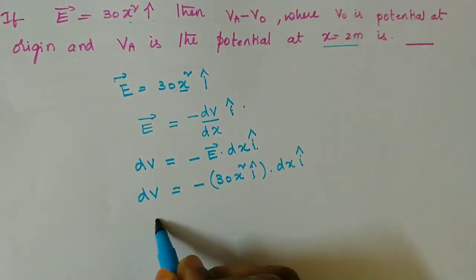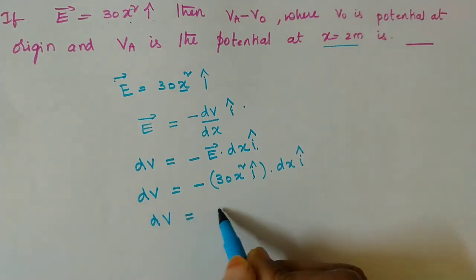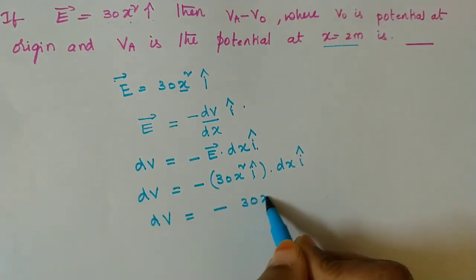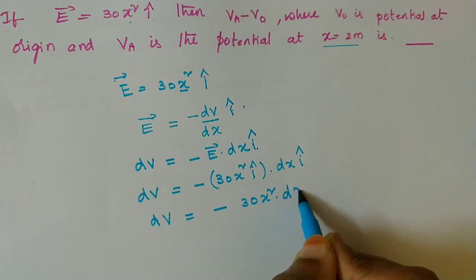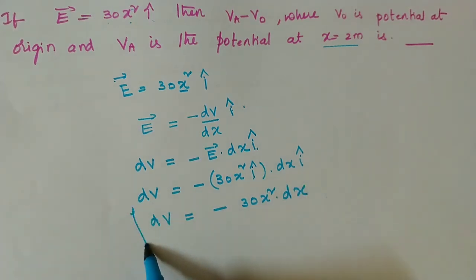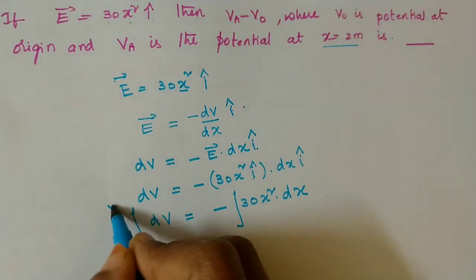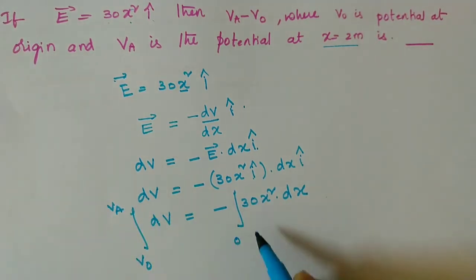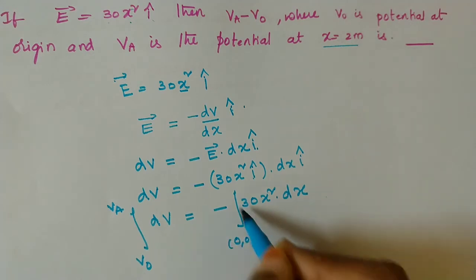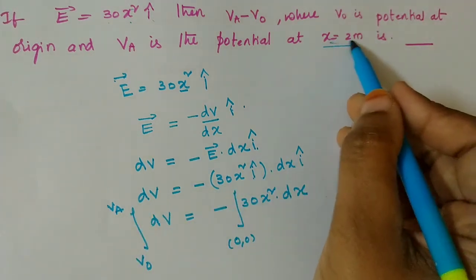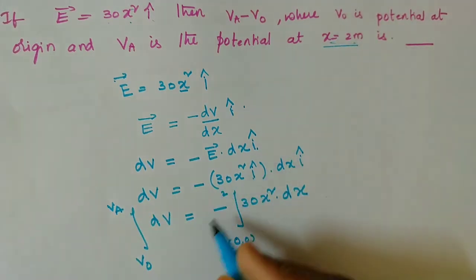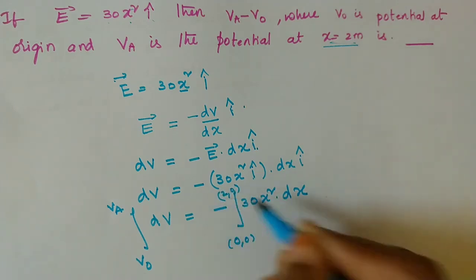I dot I will be 1. So dV is equal to minus 30x square into dx. And now I will integrate this relation from VO to VA. O is origin 0, 0, whereas VA is at x equal to 2, that is from 0 to 2, y component is 0.